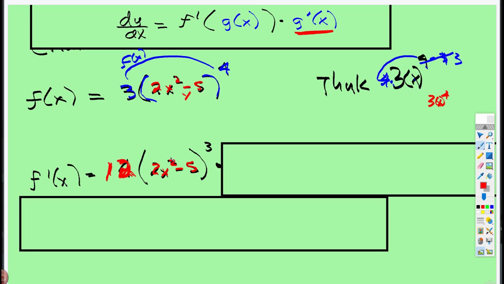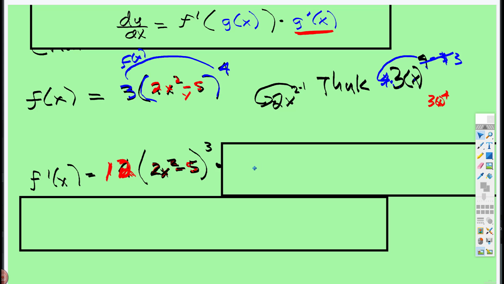And now you have to take the derivative of 2x squared subtract 5. Well, negative 5 is a constant, so the derivative of a constant is 0. And then this 2x squared, the 2 will come down in front. So 2 times 2 is 4. And then 2 subtract 1 is 1.